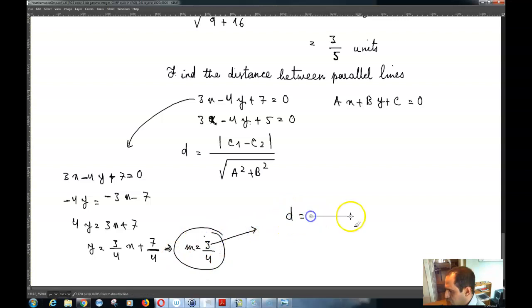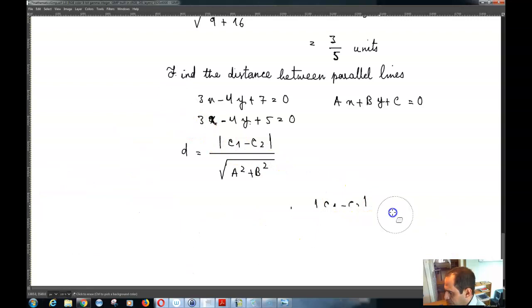D is equal to the absolute value of c1 minus c2 over the square root of 1 plus m squared, and this is m over here. If you did this, then you would use this formula, but there is no need to do that.